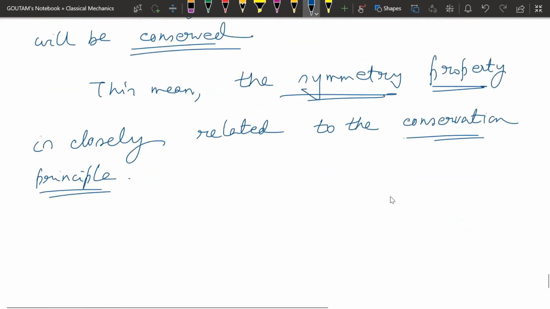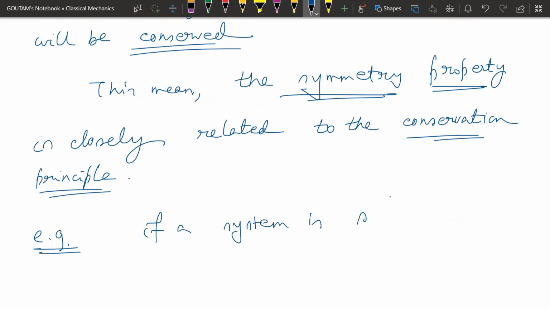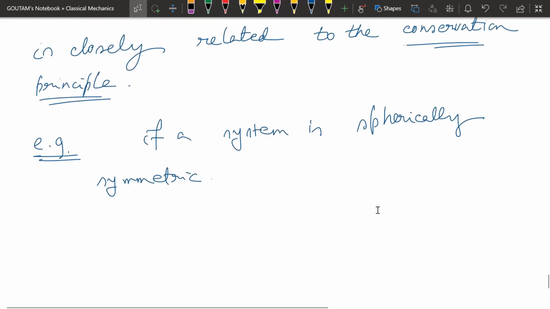So the symmetry property is closely related to the conservation principle. Let's take an example and understand it. It's a very simple example. If a system is spherically symmetric, that means if you change theta or phi, there is no change in the system, or let's say there is no change in the Lagrangian.